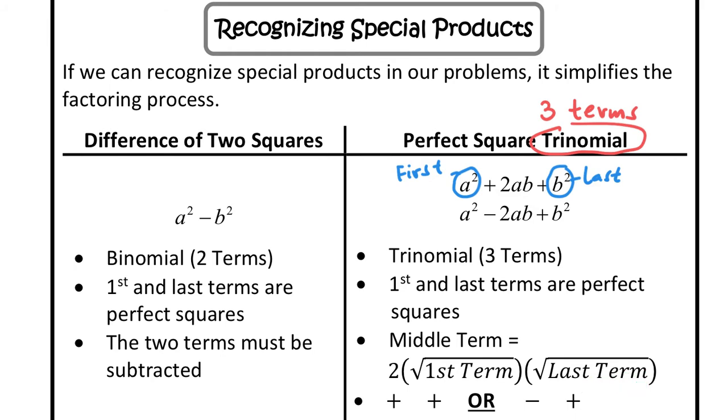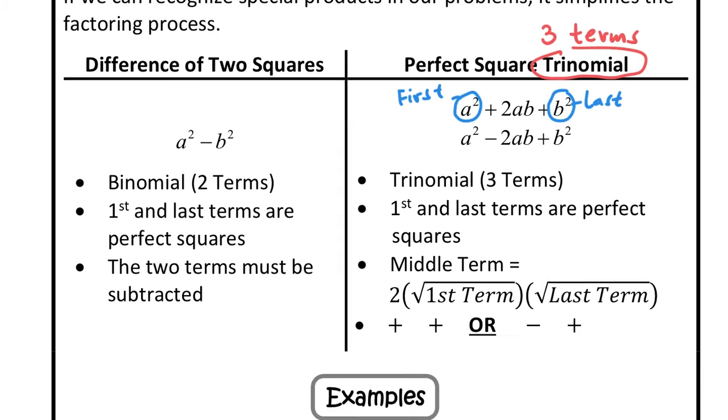And what else do we notice? For example, the first equation has 2 plus signs. The second equation has a minus and a plus sign. So these are just different characteristics of the special cases. But let's look at some examples so we can get the hang of recognizing them and looking at their characteristics.